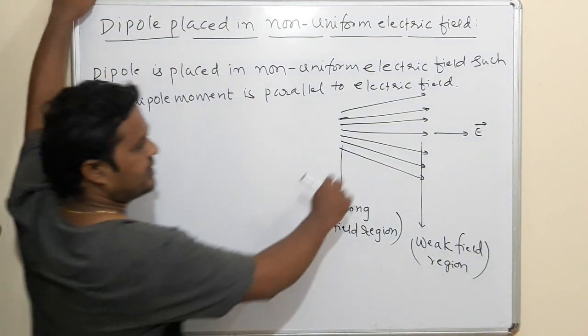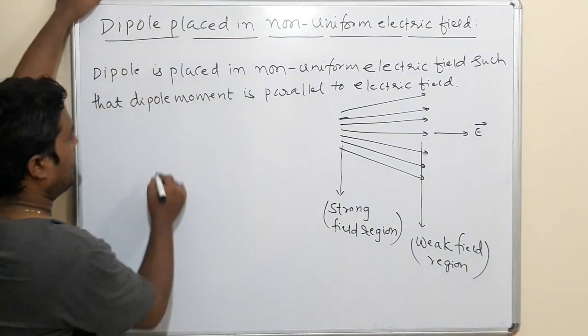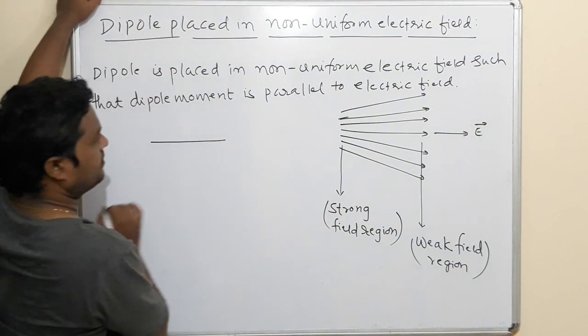See, this side it is strong field region, this side it is weak field region. We will place the dipole like this.